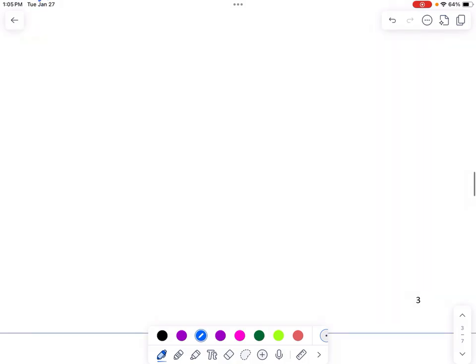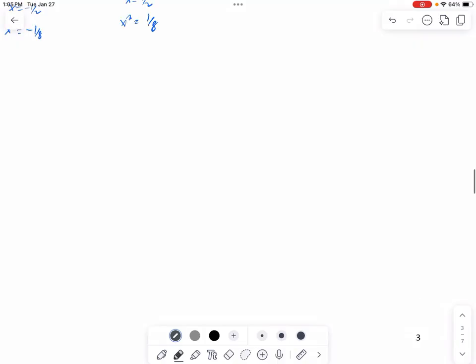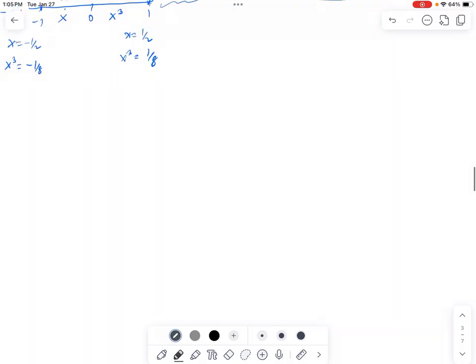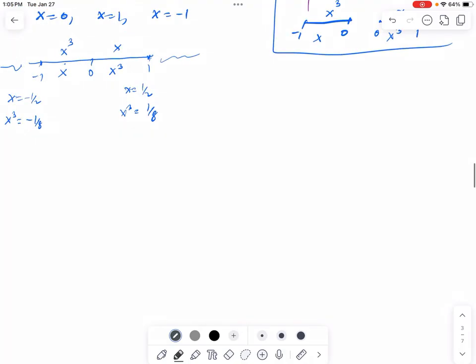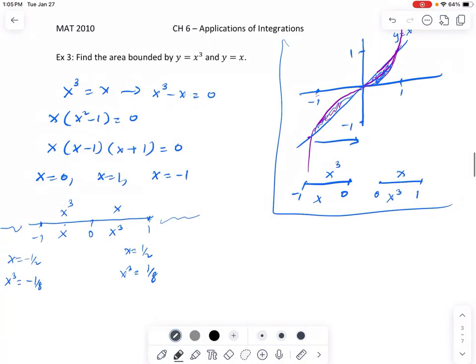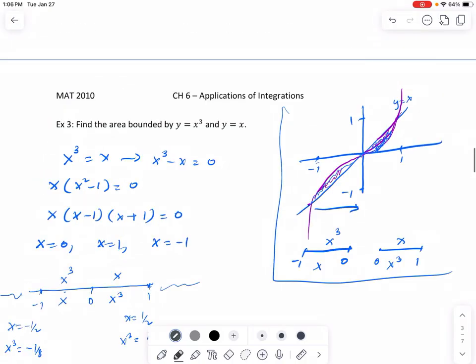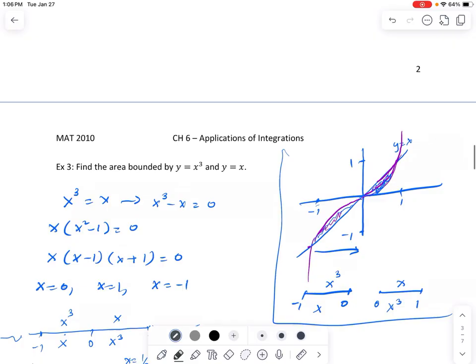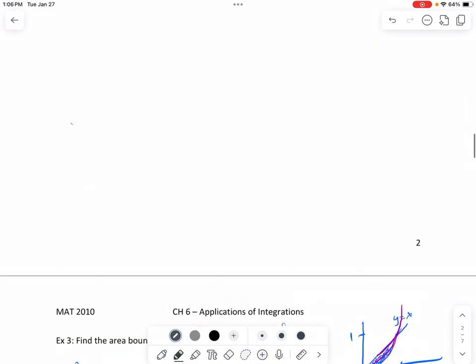So we get A is equal to, so I'll let you write the integral and then come back and see what you got.